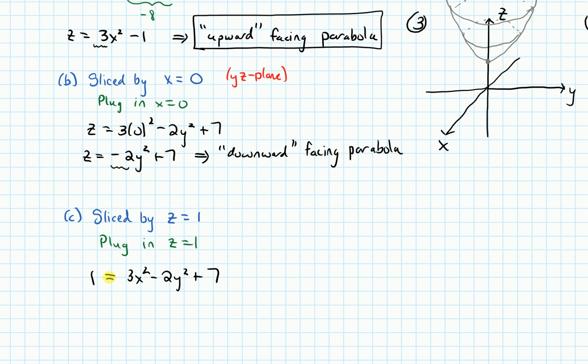And I'm going to rearrange this to keep all of the variables on one side and all the numbers on the other side. So I'll move the 1 over to the right-hand side to keep the number positive. So that'll give us 6 on the right, and then all the variables over to the left. So we'll get 2y squared minus 3x squared equals 6.